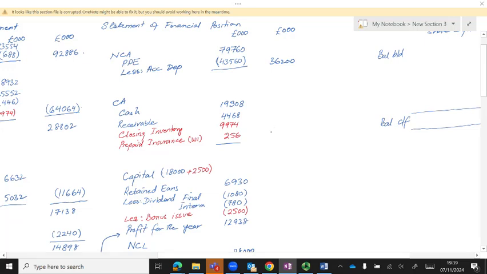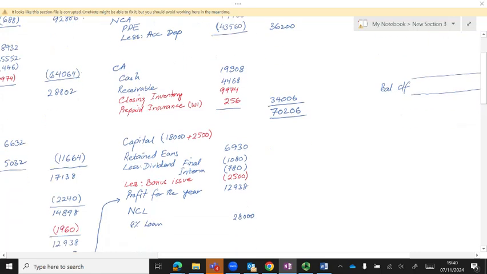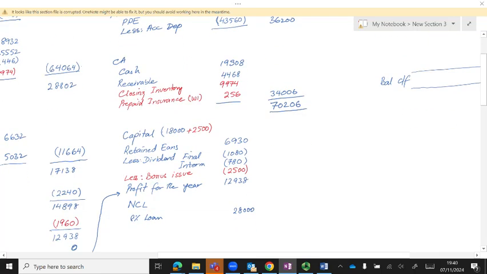Current assets is 34,006, and therefore the total assets are 70206. Capital is 20,500. The total of retained earnings is 15,508.